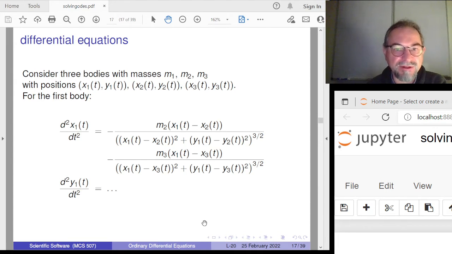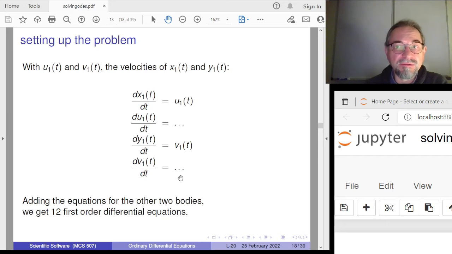So instead of the x, you will have the y. So you compute the distance in the numerator of the first body to the second in the first term, and then from the first body to the third. I explain it here for three masses, but it works for any number of masses.